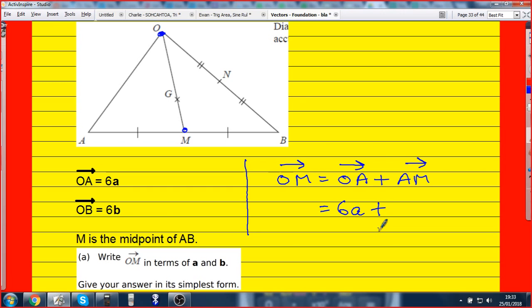Hang on. I hope I wrote this question down right. I think AB might be 6B. Is that right? No, I think I got this right. Oh, yes, I think I did. So now we have to go from A to M, but I don't know how to do that.